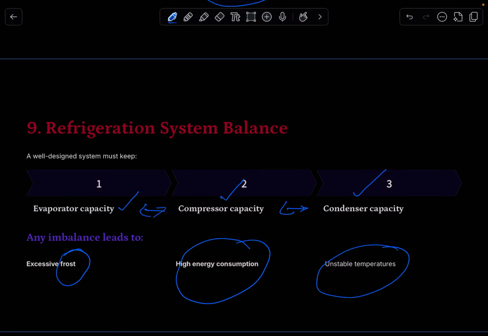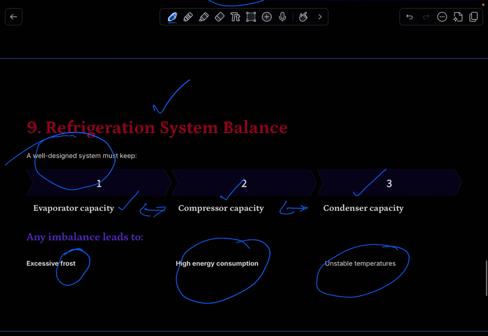Okay, so we need to have a well designed system. A systems approach is necessary when we talk about design of refrigeration system.